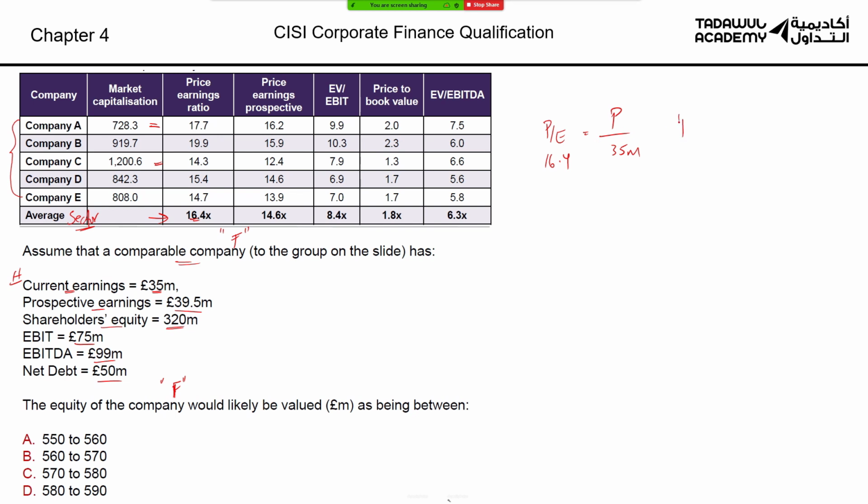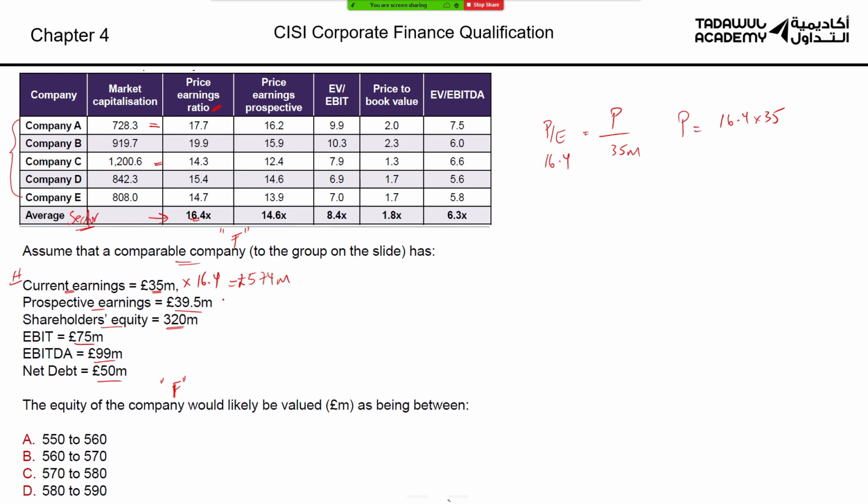To obtain the value of the company, just multiply 16.4 by 35, and you do it for all of them. So 35 million times 16.4, these are for the historical PE ratio. This is going to give us a valuation of 574 million.